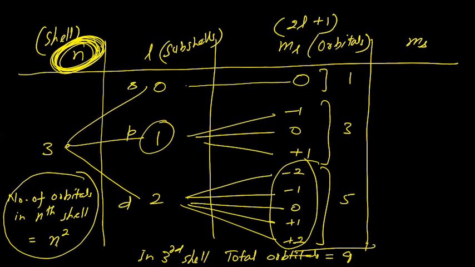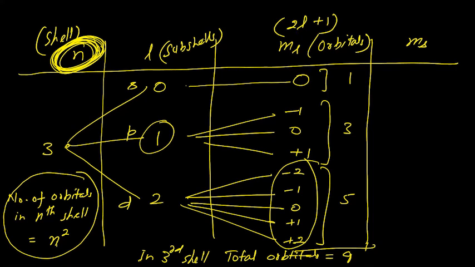So if we are talking about subshell P, l will be 1. If D, l will be 2. If F, l will be 3. Okay. Normally S, P, D, F, G, up to here only, you will be given questions.